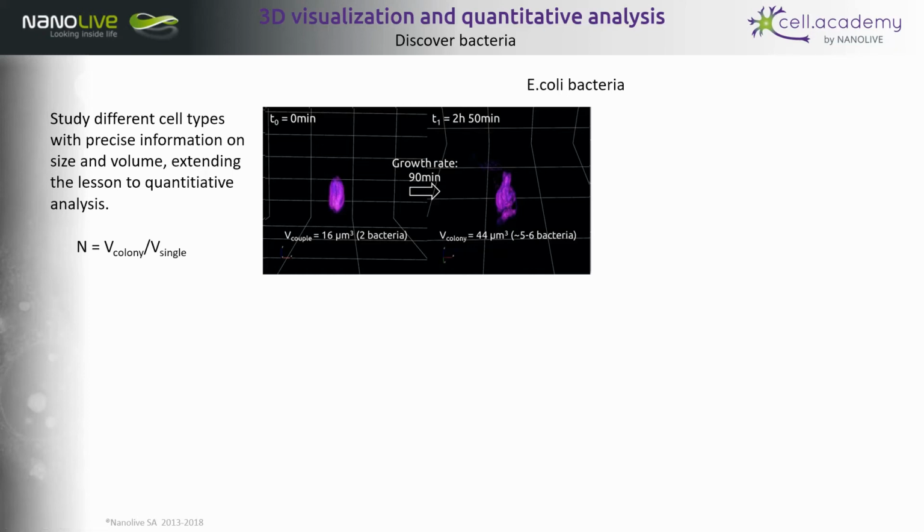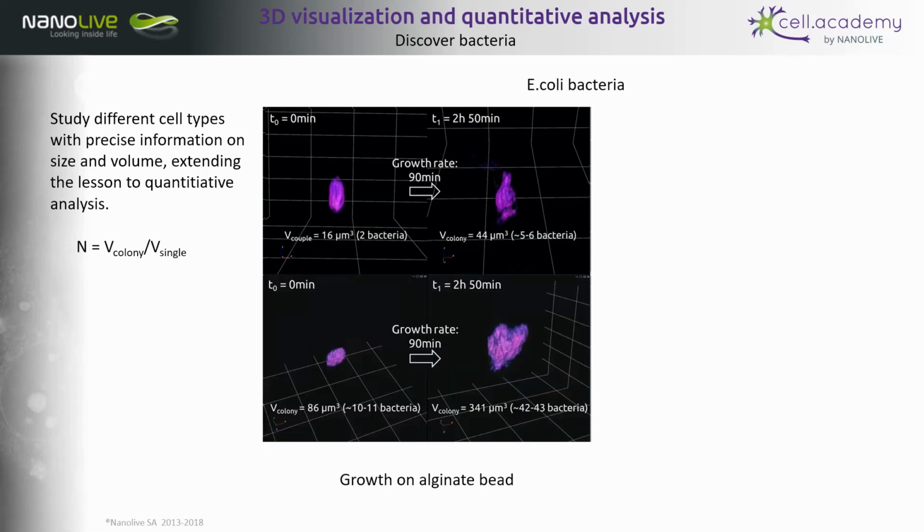So then if we leave the colony to grow, after 2 hours and 50 minutes, we see a clump where it's hard to differentiate the number of bacteria that are in there. But because we can determine the volume with our software, by simple extrapolation of the volume of the colony divided by the volume of a single bacteria, we can determine the number of bacteria in this colony.